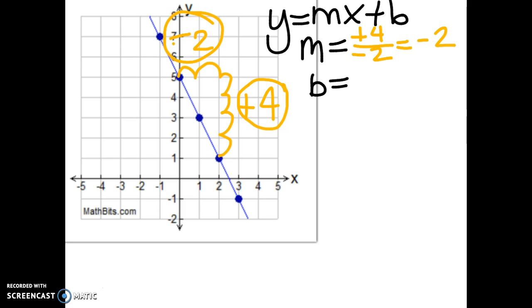Now we need to find our y-intercept. The y-intercept is defined as where this graph touches the y-axis. At which point does this graph touch the y-axis? You guessed it, it's at positive 5.